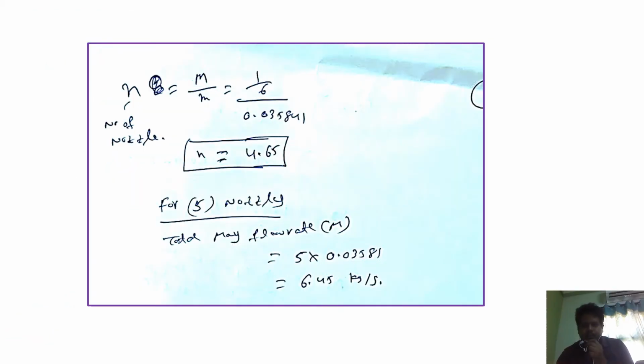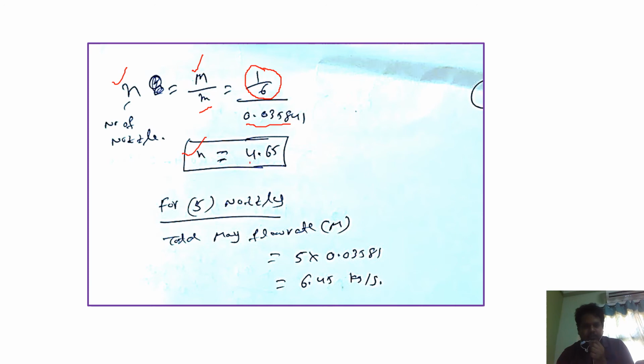Now we can find the number of nozzles. Number of nozzles equals the total mass flow rate in kg per second divided by the mass flow rate for a single nozzle. So that is 1/6 divided by 0.035841.